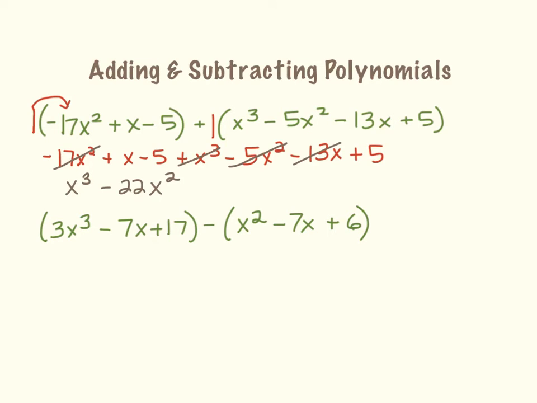I have negative 13 plus x, so I have negative 12x. And I have negative 5 plus 5, which will give me a 0. And I want to remind you that we can, for sure, check this by putting our question in y1 and our answer in y2 and checking the table.